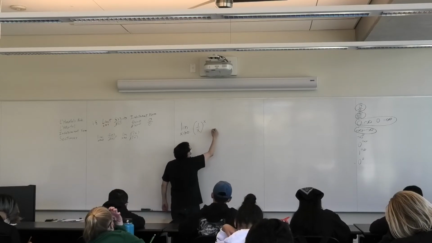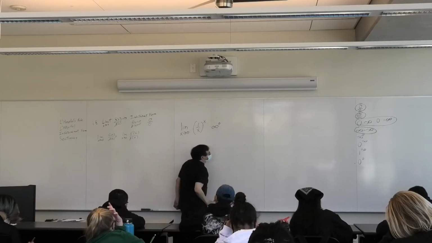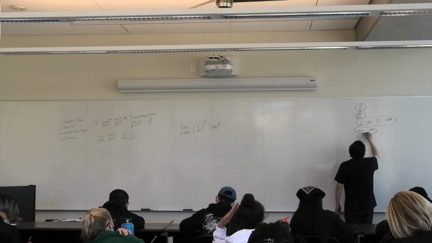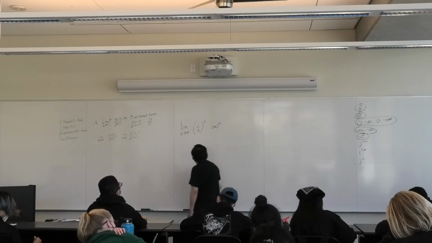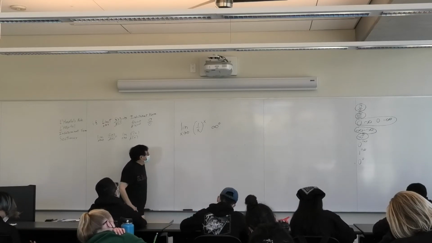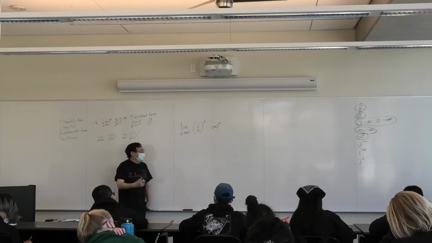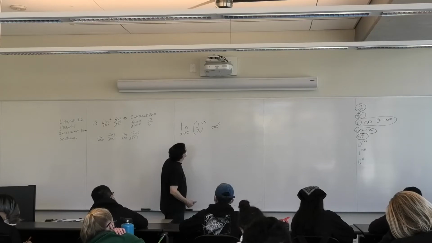1 over x is going to infinity, and x is going to 0. Here we have one of my indeterminate forms. So good, we can do this. But I'm not really sure how to do it. With all those other problems, I could turn this into a fraction.